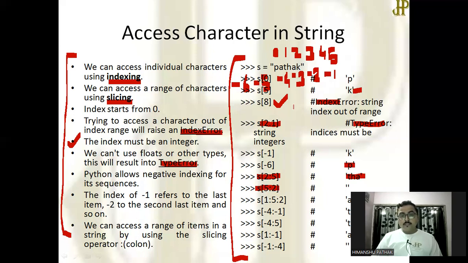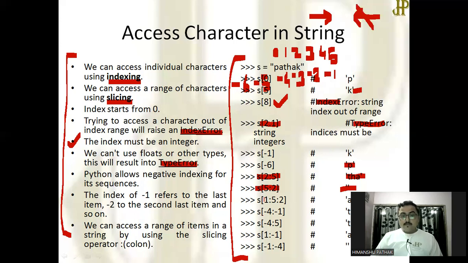So it starts from K and goes up to the 2nd position, that is 0, 1, 2. That cannot be possible because traversing can be done from left to right. Right to left will never happen. That's why here you can see that the empty string is printed.